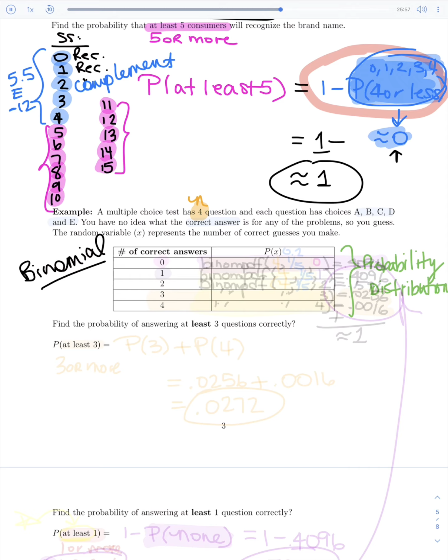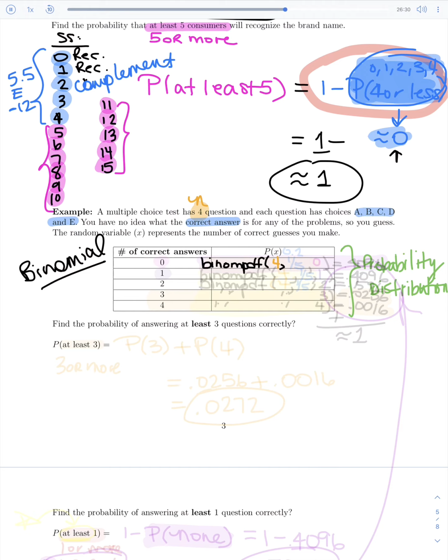So we'll start out with this first one, finding out what the binom PDF is going to give us for getting 0 correct. So binom PDF, remember, starts out with n, which is, according to this problem, 4. And then remember, your chances of success or of getting the question correct come next. Well, if we're looking at what are your chances for getting it correct, remember there's 5 choices.